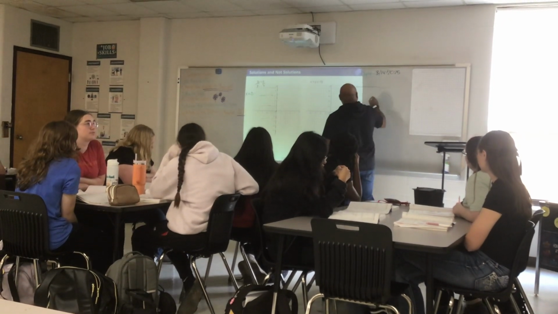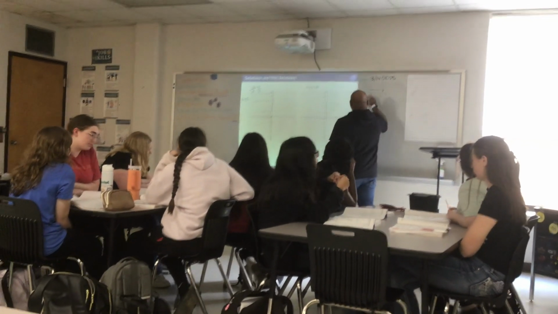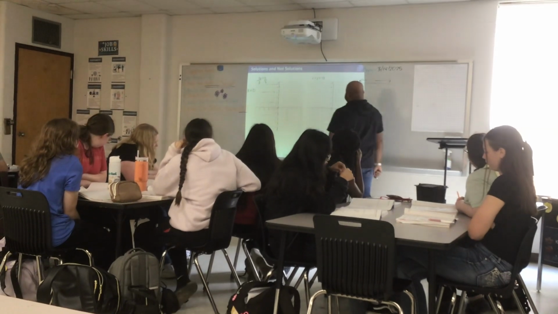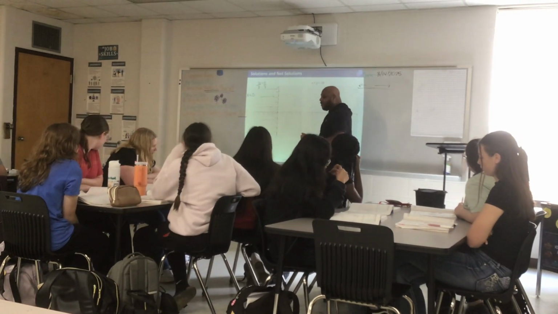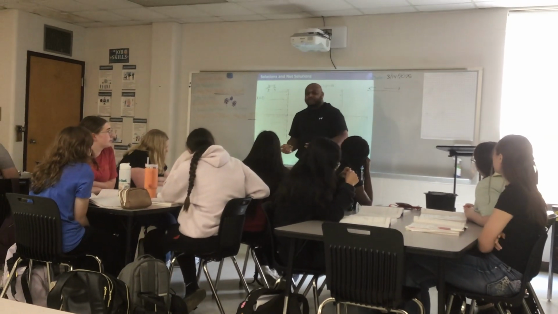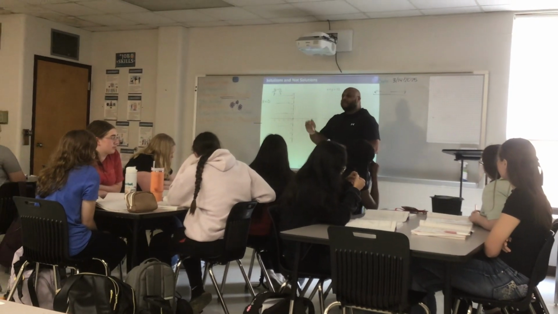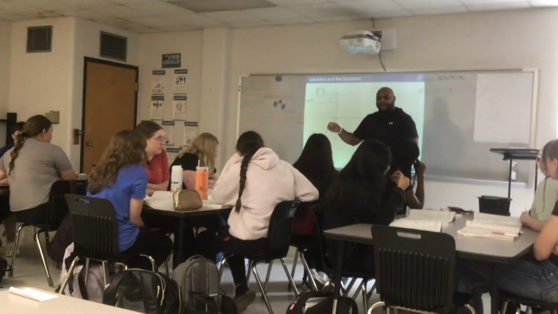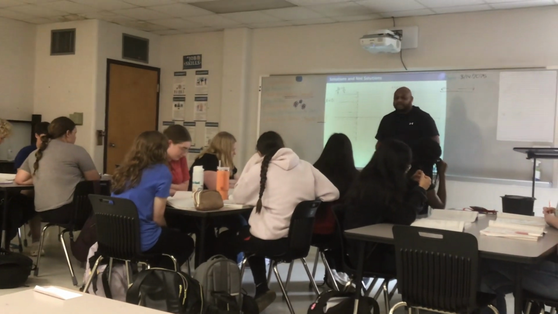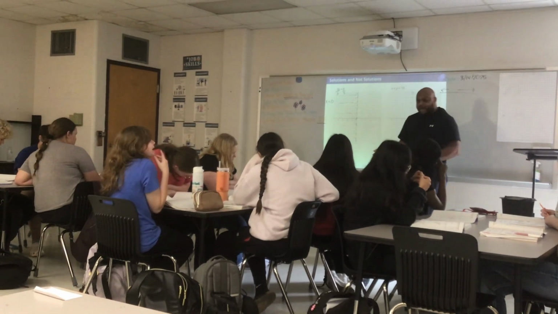Greater than means we're going to the right, less than we're going to the left. And if we have equal to, then our line is always a solid line. If it doesn't have the equal to, it's gonna be a dotted line.